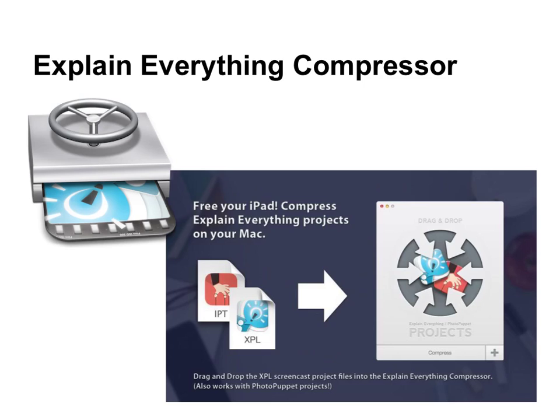I can take the Explain Everything project files, which are small because they're just audio recordings and a series of pen commands along with the slides and the images and so forth. So they tend to be small.